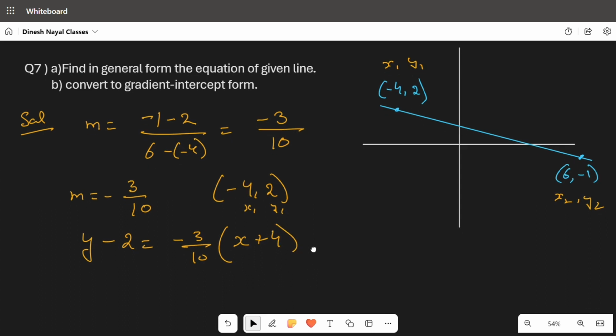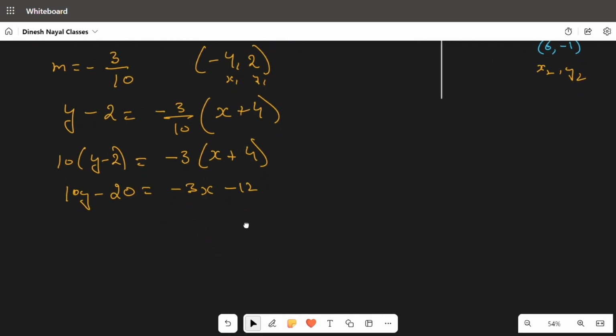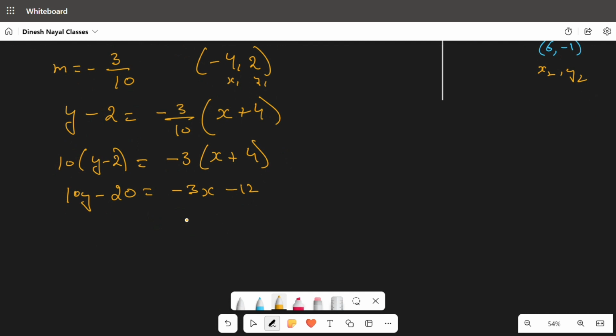Okay, so now we just have to rearrange this. You take 10 to this side, so 10 times y minus 2 equals minus 3 times x plus 4. So this will be 10y minus 20 equals minus 3x minus 12. Now taking 3x to that side, that will be positive.